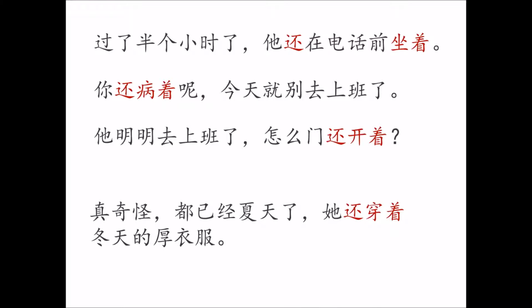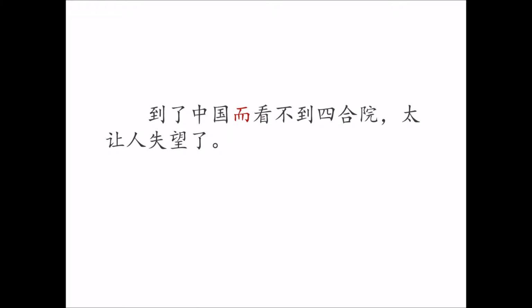好，读一下下面这个句子，想一想是什么意思。到了中国而看不到四合院，太让人失望了。而 is a conjunction, and we've learned that it has multiple functions.